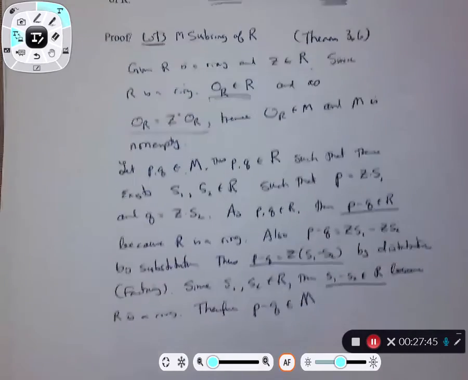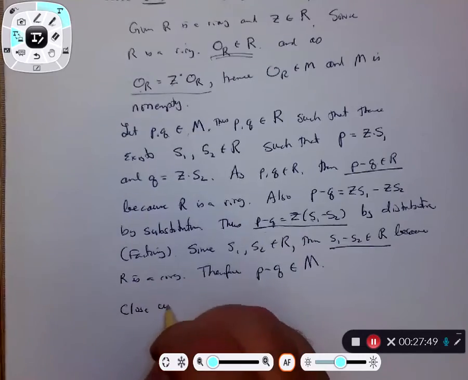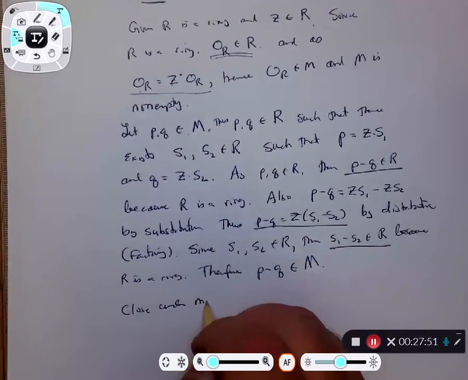Now for part 3, you're going to do the closed under multiplication part.